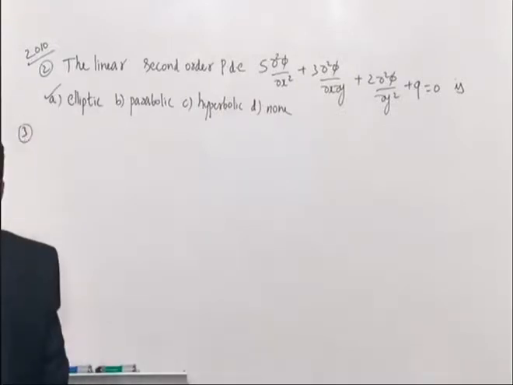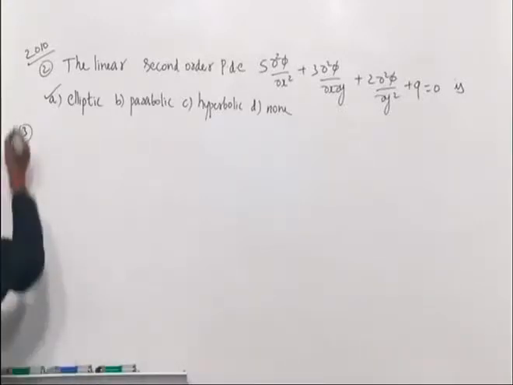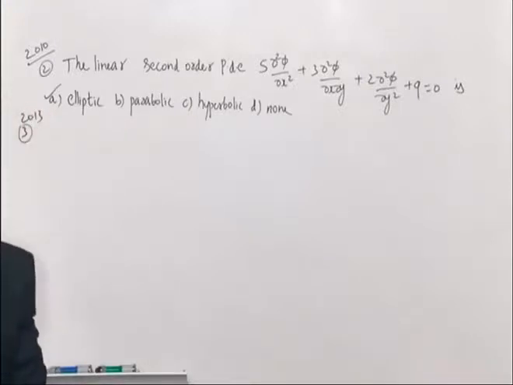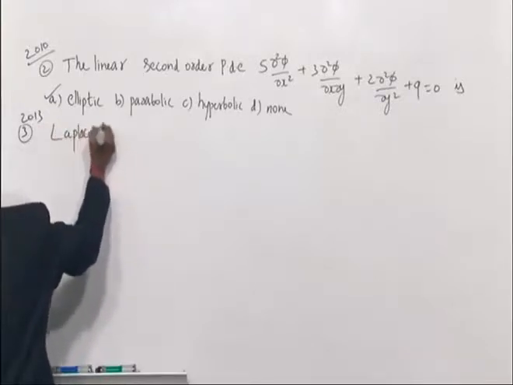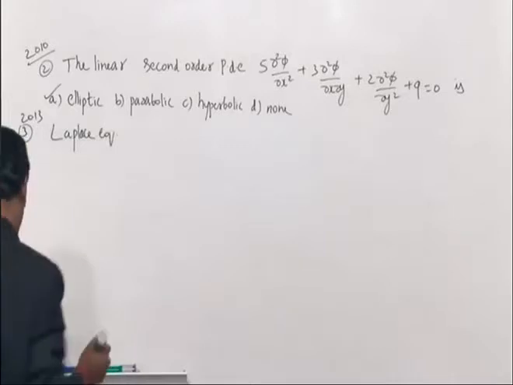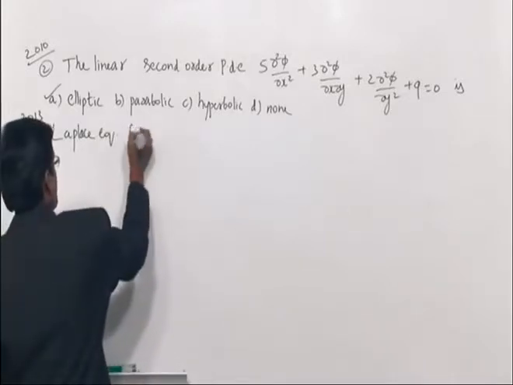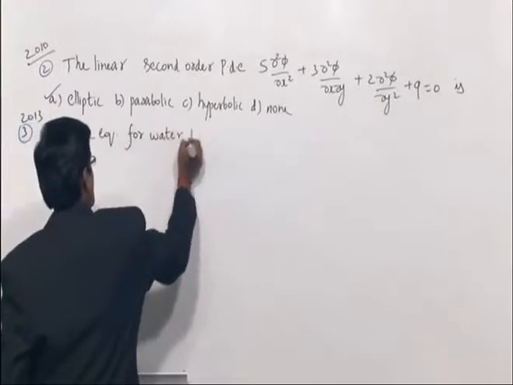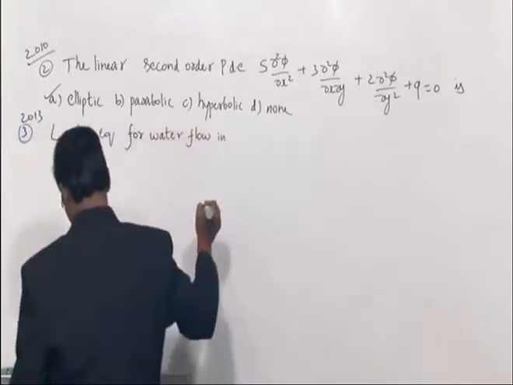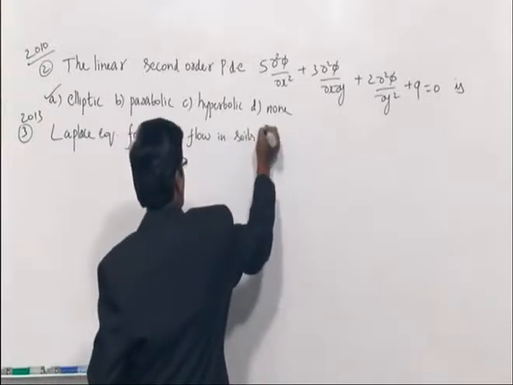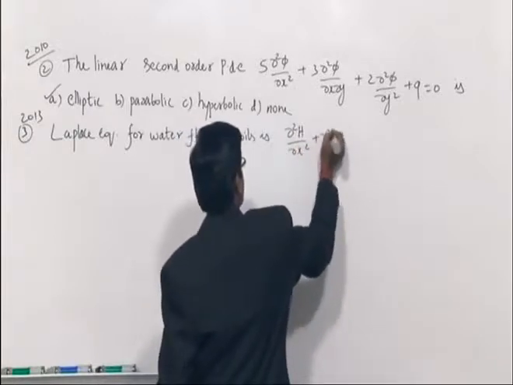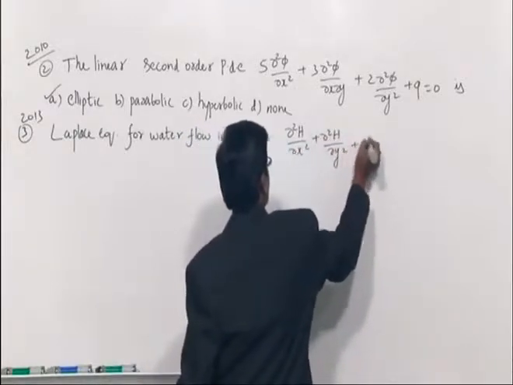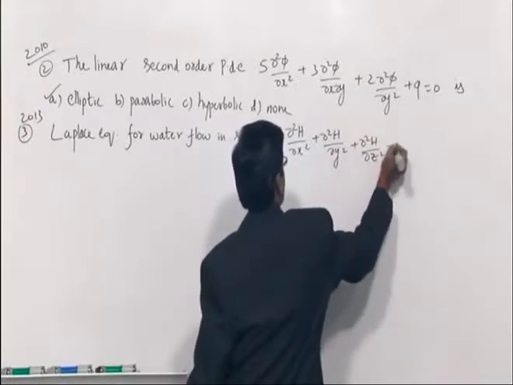Next, in another branch in 2013, this is given. The Laplace equation for water flow in soils is del square h by del x square plus del square h by del y square plus del square h by del z square is equal to 0.